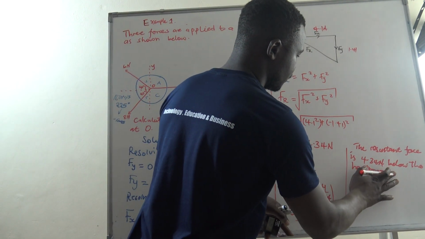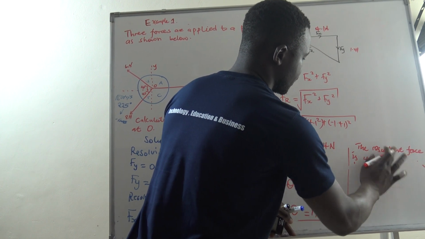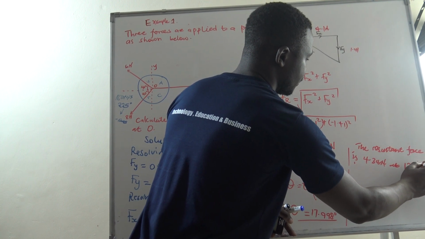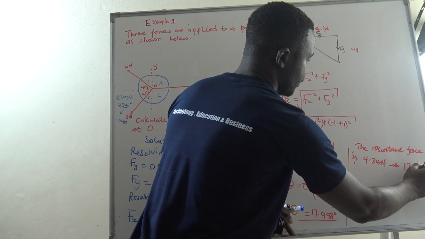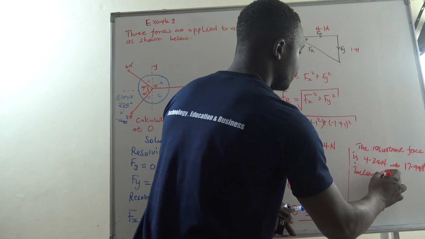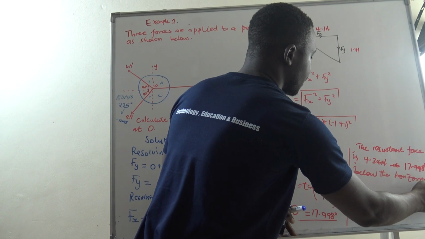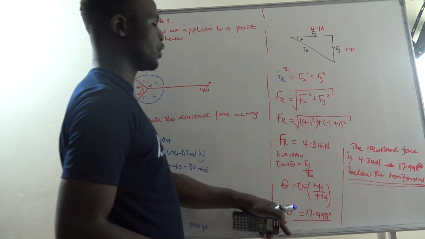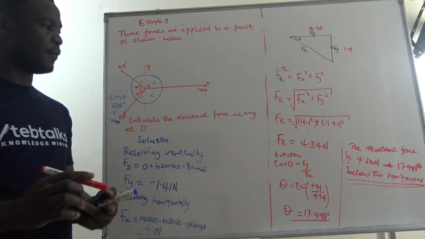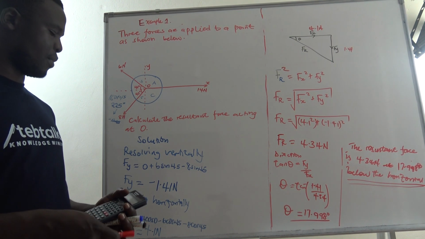The resultant force acts at 17.998 degrees below the horizontal. So please make sure when you're answering, you give this conclusion to show that you are dealing with vector quantities. So that is how easily we could go about it.